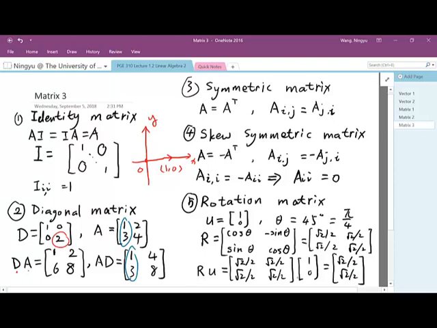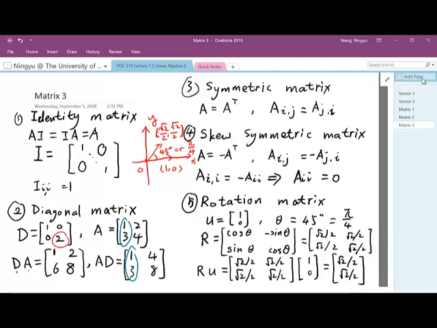And after the rotation, after we multiply R to u, we get square root of 2 over 2, square root of 2 over 2. What is this? This angle happens to be 45 degrees, or pi over 4. This is how we do rotation.